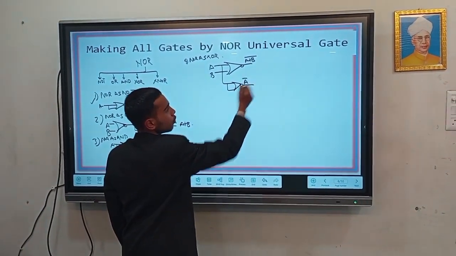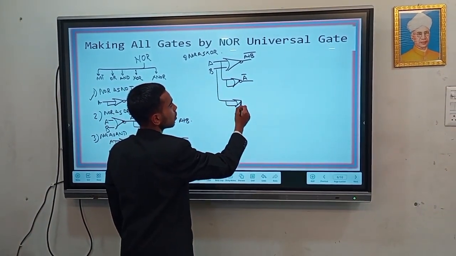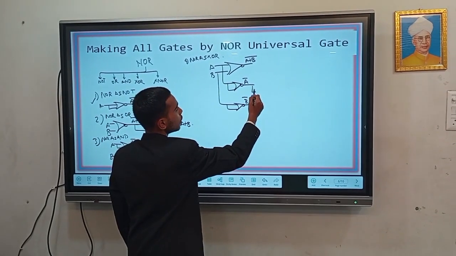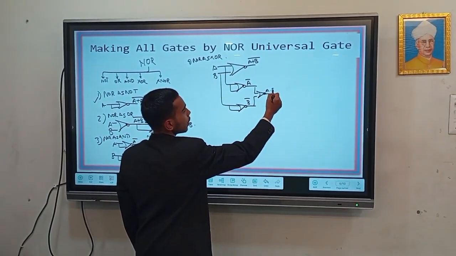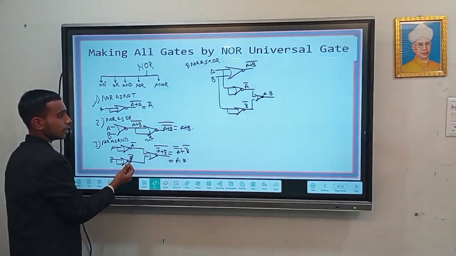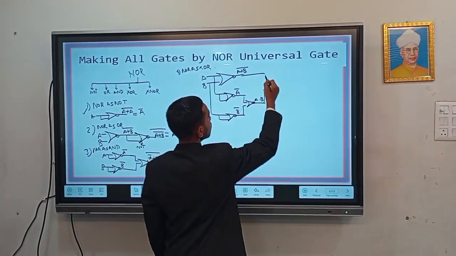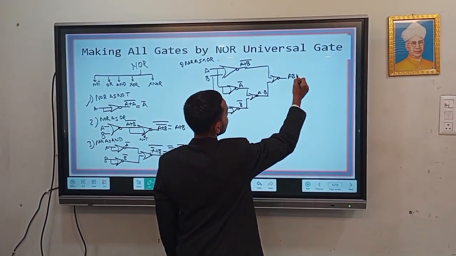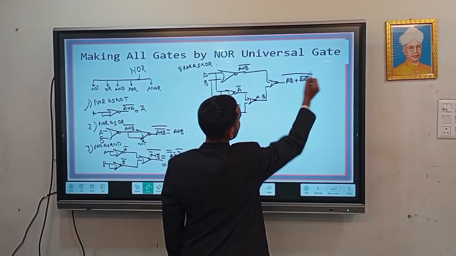So we are getting A complement here. Now same for the B, do it like this. It is B complement. Now these two are sent to here, another the third NOR gate. So we are going to get AB, as we can see here.